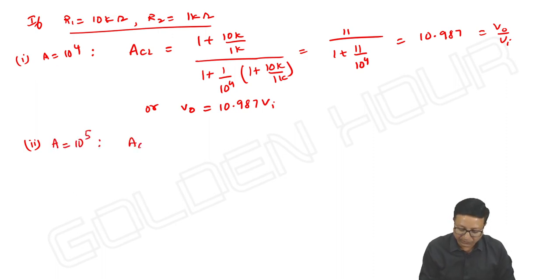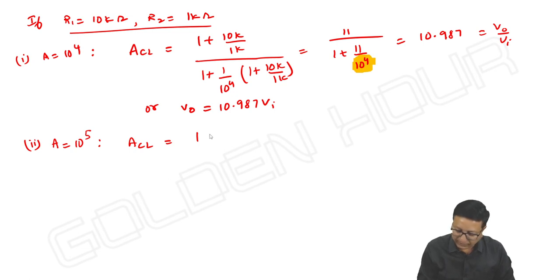Then what is the closed loop gain? It is equal to, directly, instead of writing all those things here, instead of this 10 power 4, I will write 10 power 5.